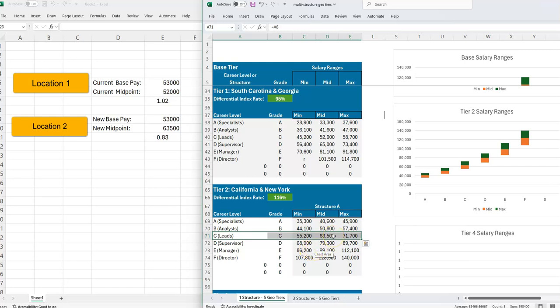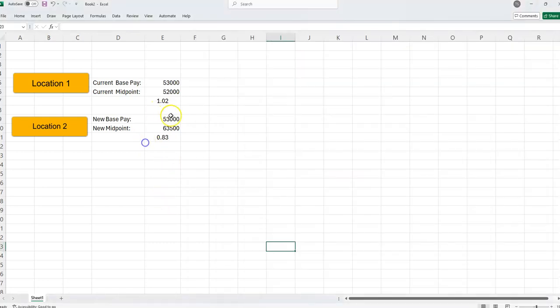If you wanted to keep him close to this 1.02, we would recommend an increase to the midpoint since he's already slightly above the current midpoint. Bringing him slightly above the new midpoint should have the same effect for the ranges in the new location.